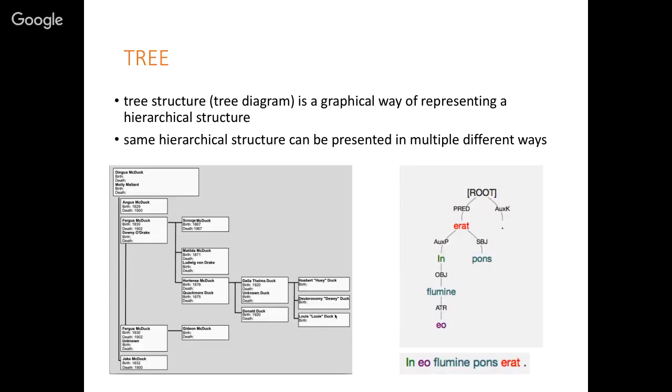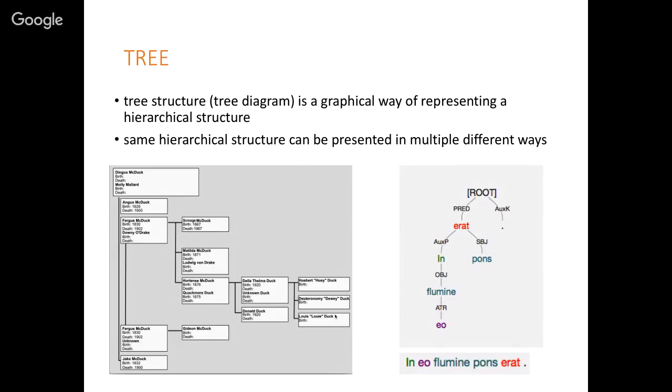So why do we talk about trees and tree banks? The tree structure is an easy way to represent hierarchies. So it can be a family tree, like the MacDuck family tree here, or a family tree of different languages, etc. Almost anything, or one sentence in one tree.